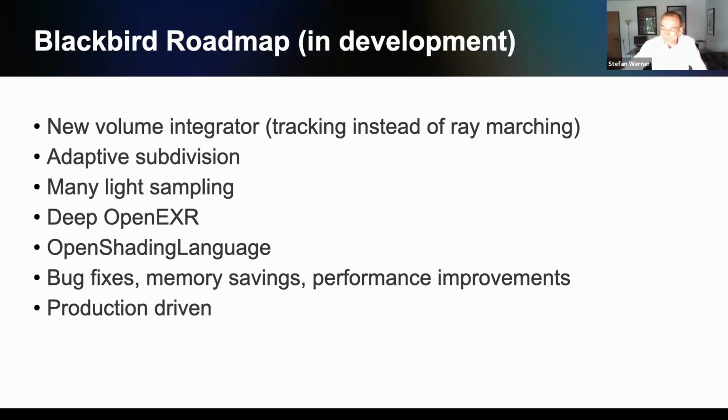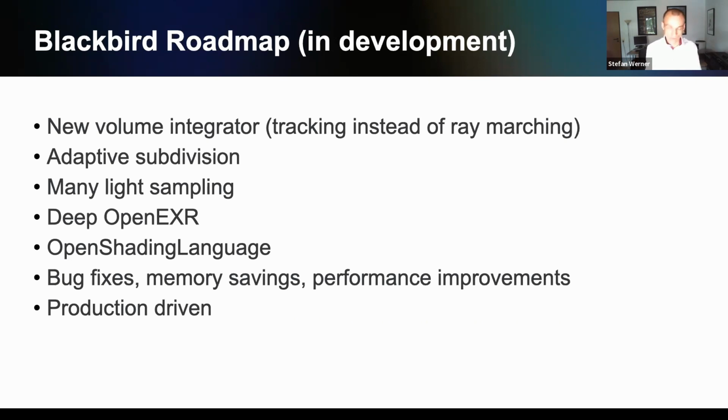The roadmap that we had planned for, the things that were actually in development: we had somebody working on a new volume integrator. The existing Cycles render used ray marching, which is a well-established and functioning algorithm, but lately the industry has been moving to a different kind, tracking integrators, and we had somebody working on building a whole new volume integrator for this.